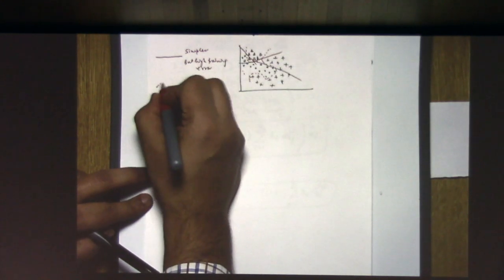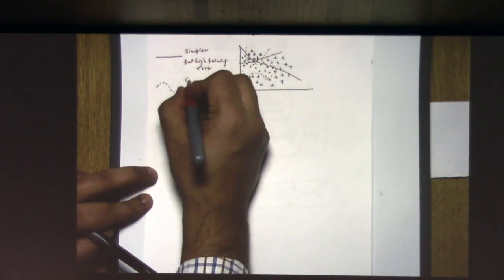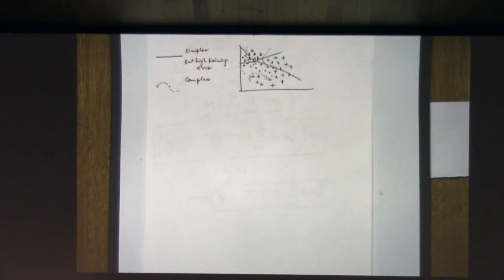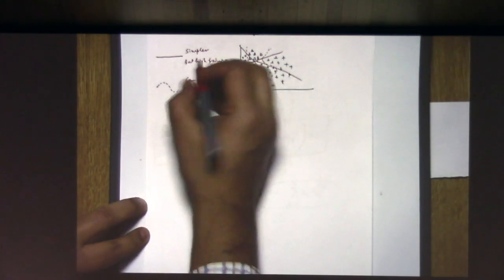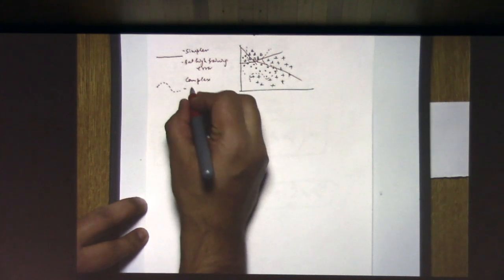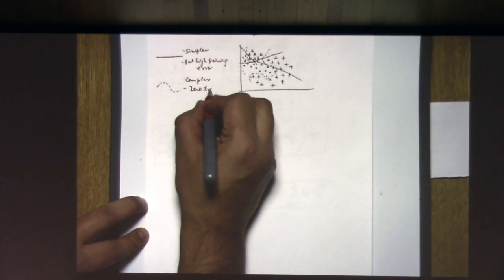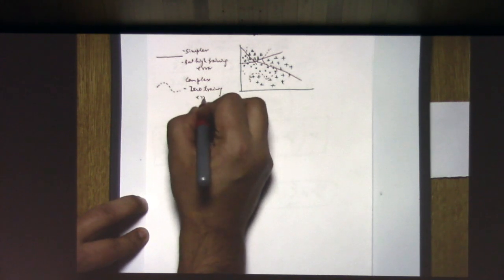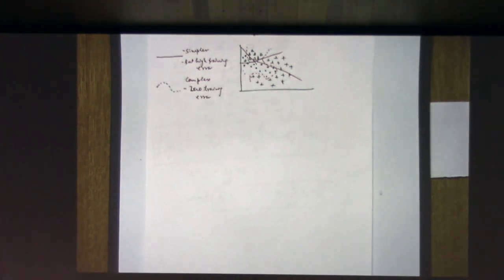And the one that I denote with this curve is complex, because even geometrically, if you want to denote it, you would need a higher order polynomial, which means it's more complex, but it has zero or very low training error. So the question becomes, which one do you prefer?